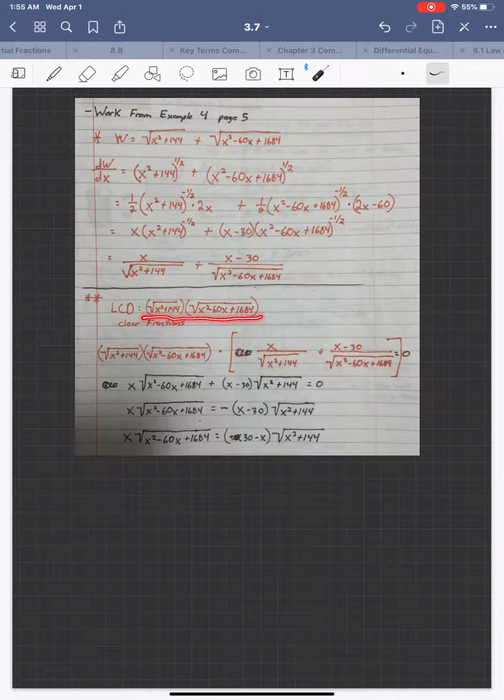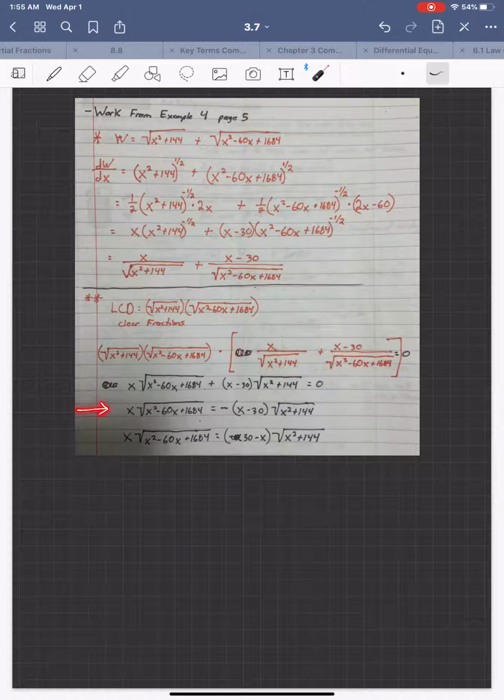So that's the least common denominator, and I'm basically multiplying both sides of that equation by it. I do that only so I can clear the fractions. So that takes me to here, and that's just the same derivative without all the fractions.